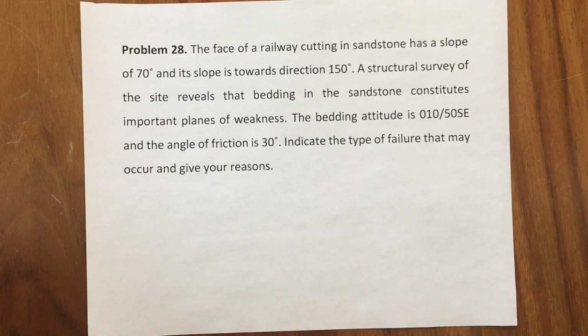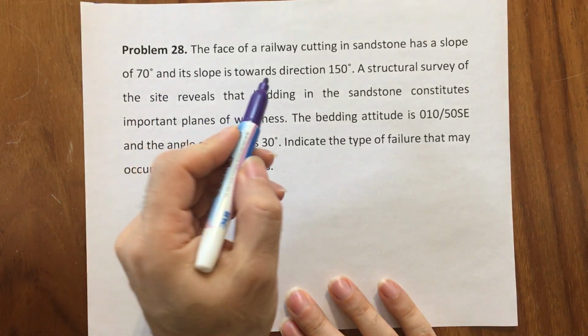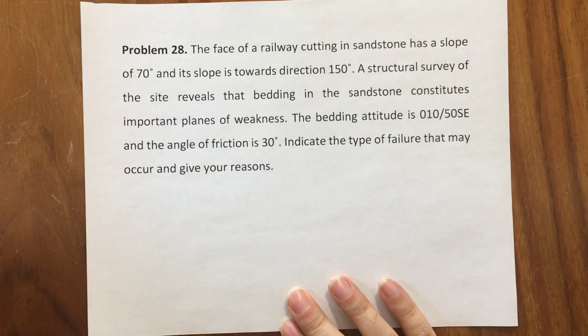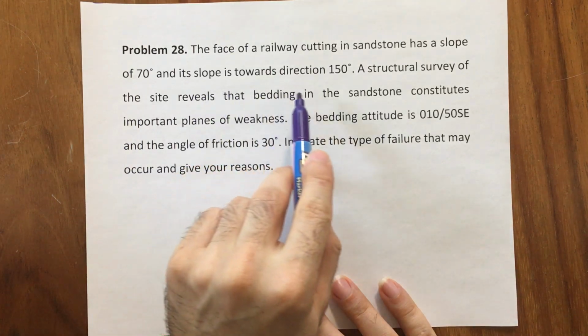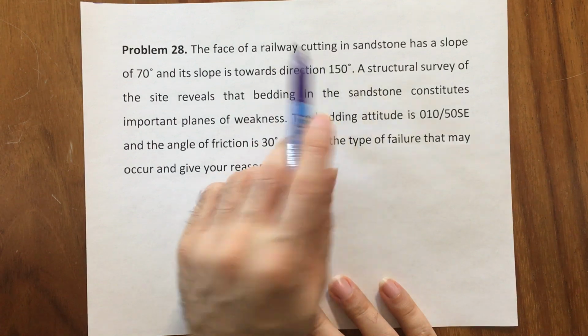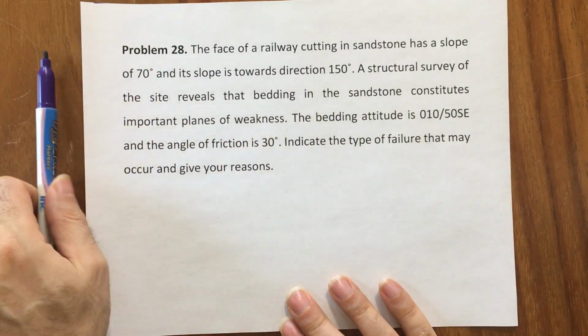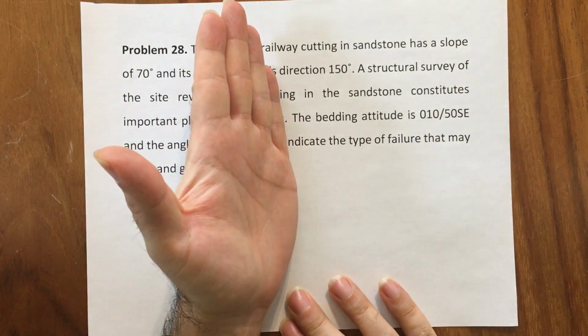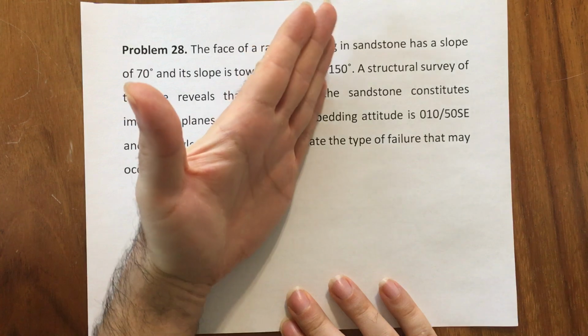But before going through that, let me first write down what kind of information I have. The railway cut has a slope of 70 and is dipping towards 150. Indeed, the railway cut is a plane. It says this plane has a dip of 70 and it's facing towards 150.